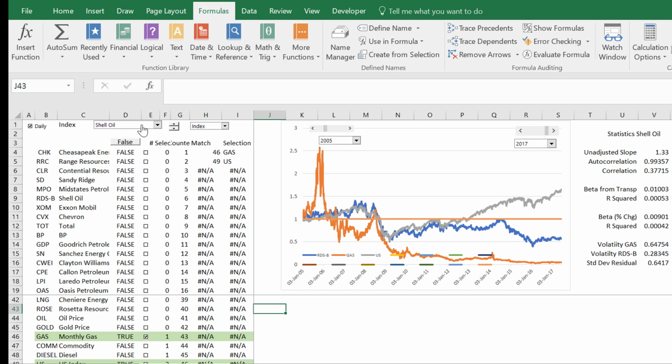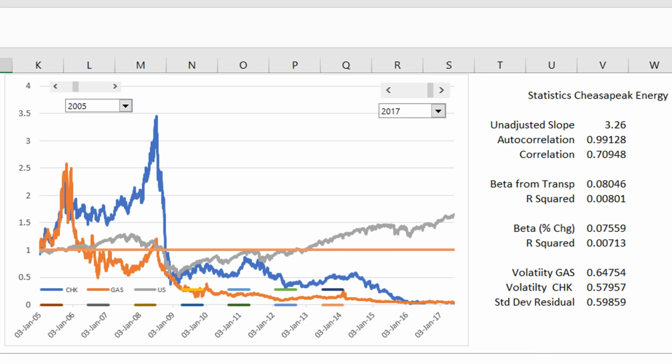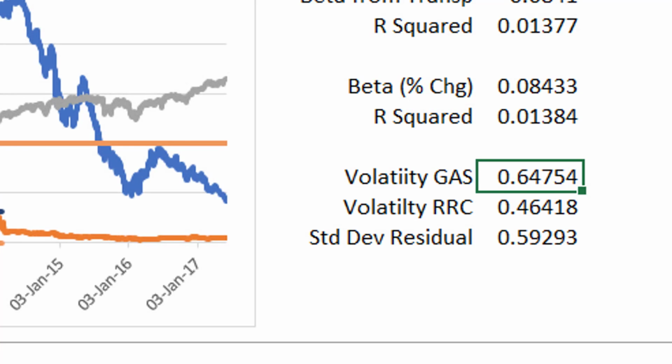Okay, and now let's go back, perhaps, to our Chesapeake. Now, a couple things about gas. This has got a much higher volatility than oil. For me, that's well known. Okay, the beta, even though this is a big shale gas producer, in fact, this Range Resources seems to be mainly shale gas.